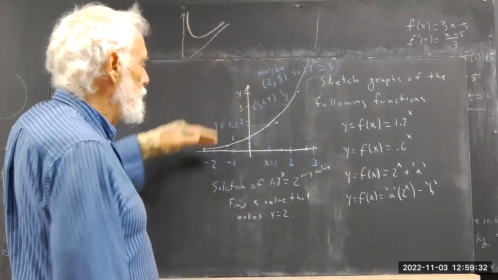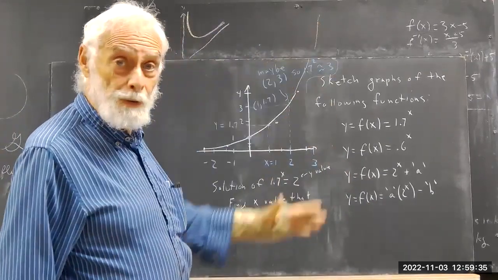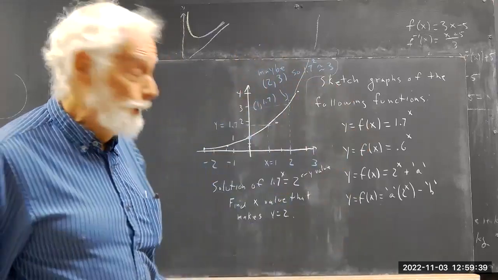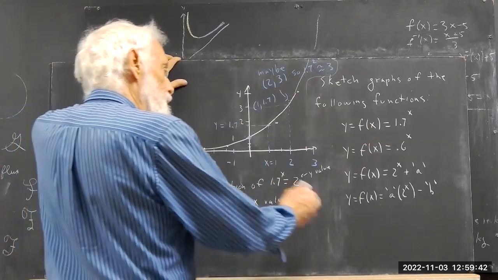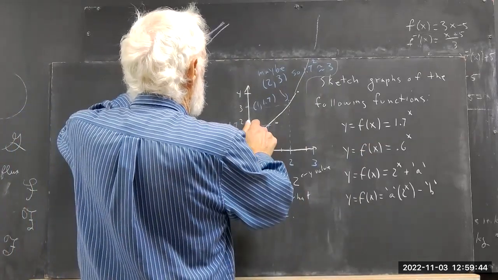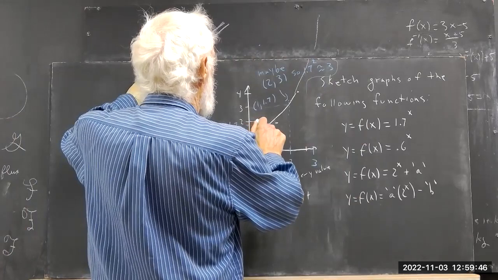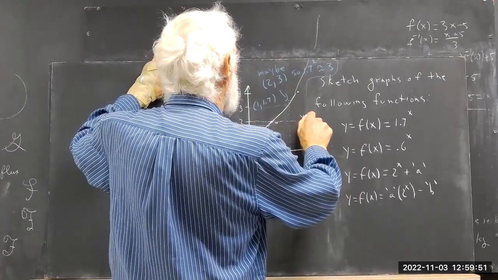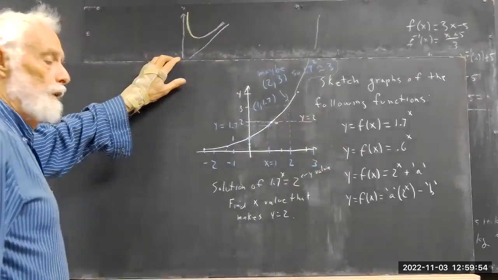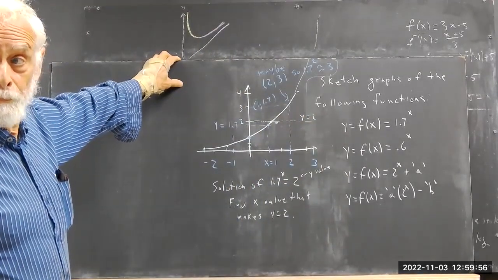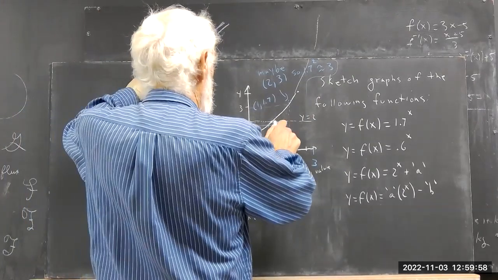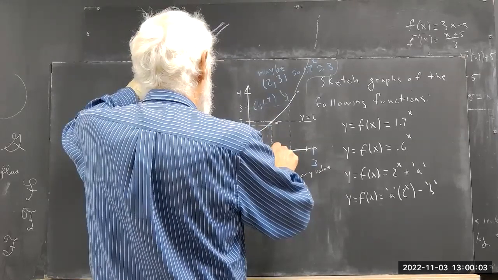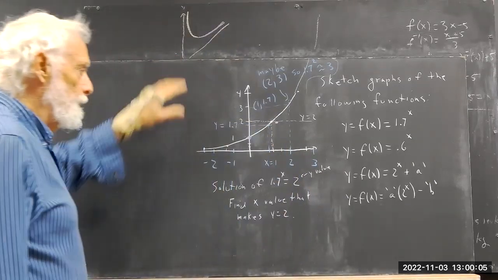Because of course, the graph shows you the values of 1.7 to the x, at least as an approximation. So 1.7 to the x equals 2 means you go over here to 2 and you find the graph point on the line y equals 2, right? And that graph point will be here. And you project it down.